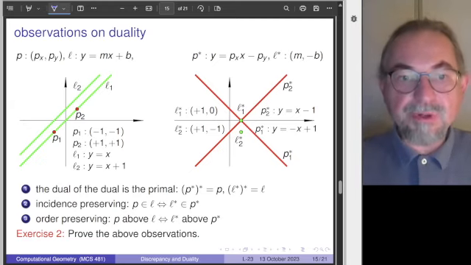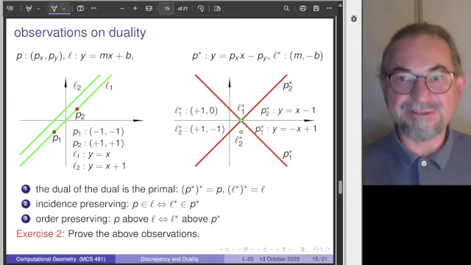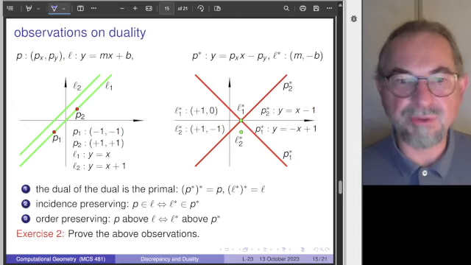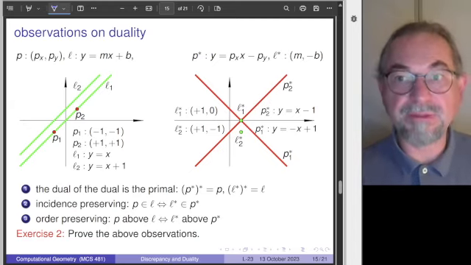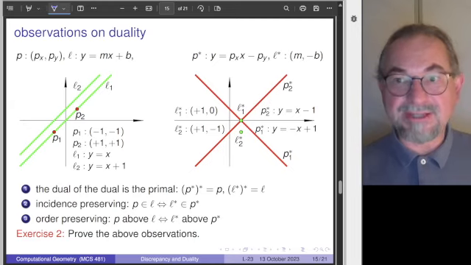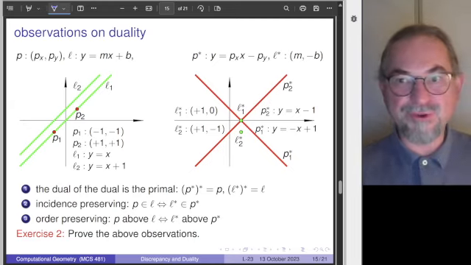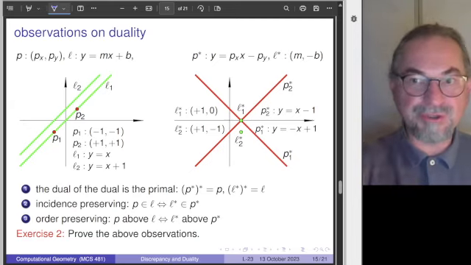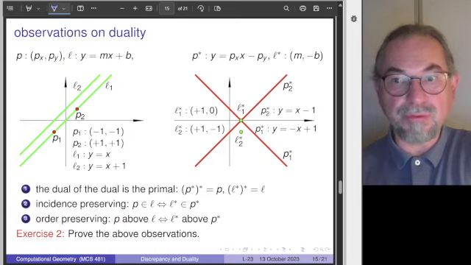The last property is actually the most important one. I took this exercise from the textbook. The exercise asks mainly about the order preserving property, because in some sense that's the crux. That's what binds the first part, the computation of the half-plane discrepancy, with the dual problem.